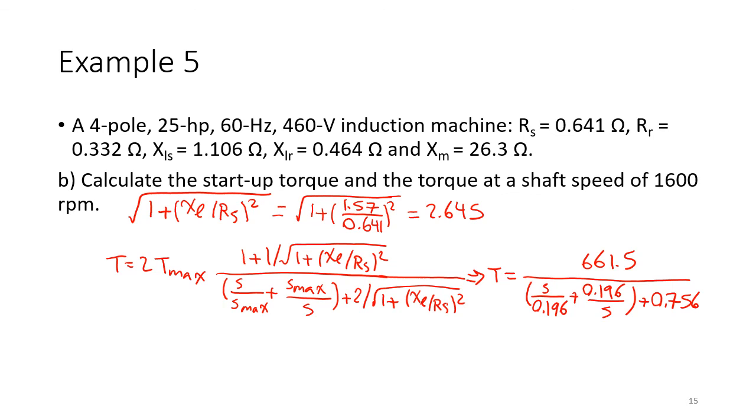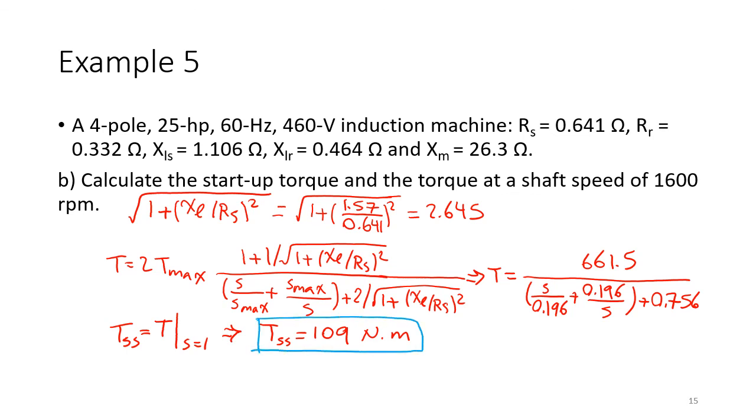Now that we have the equation for T, calculating the torque at different slip is very easy. So T startup is in fact T at S equal to 1. Just put S equal to 1 here and you will find that T startup will be 109 Newton meter. That is one of the parts that the question has asked. Now we have N equal to 1600.